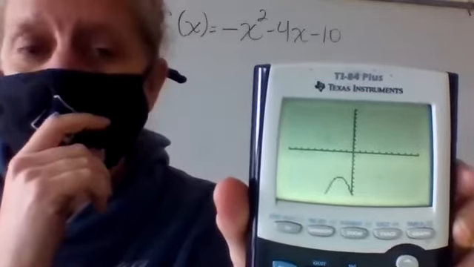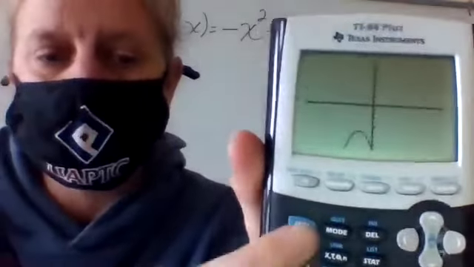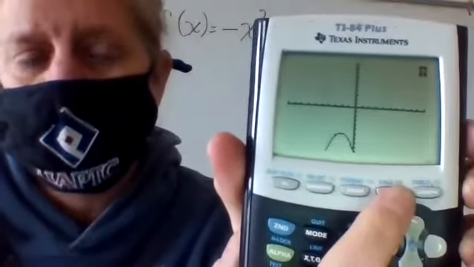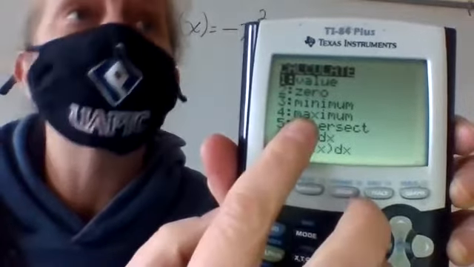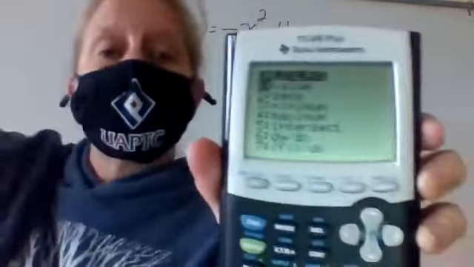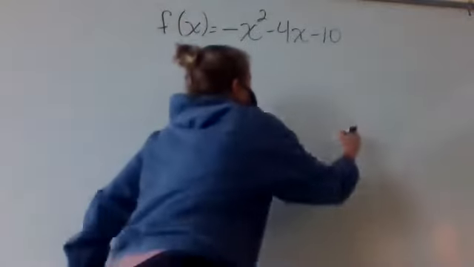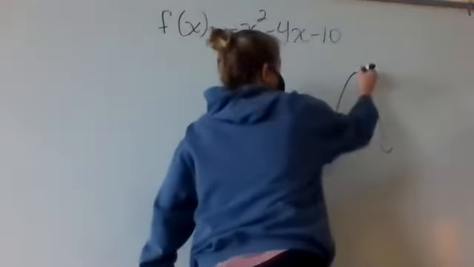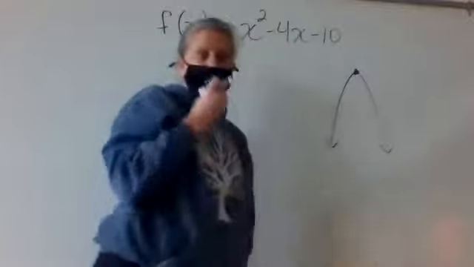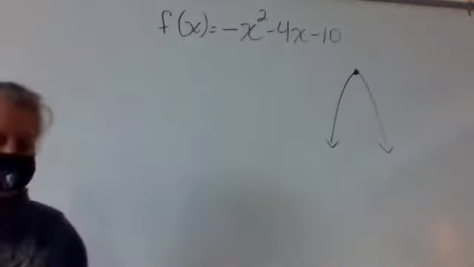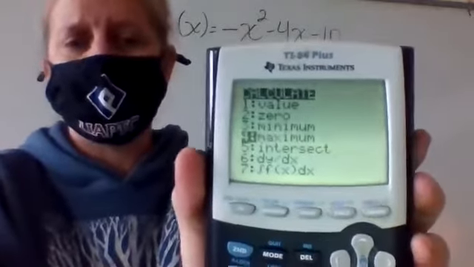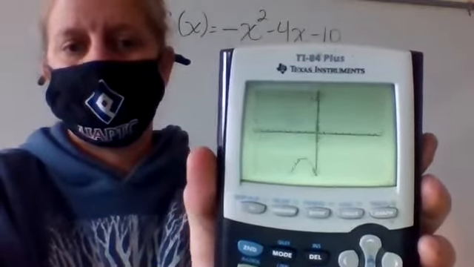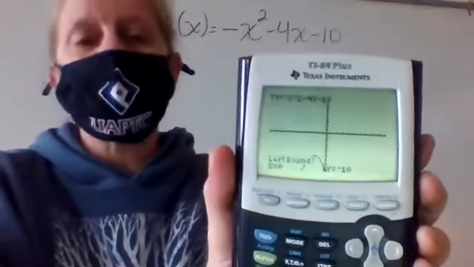So if I'm going to find the vertex, go to second calc. This one, I'm going down to number 4 though, right? Because since it's upside down like this, when I'm finding the vertex, I'm actually finding the maximum value of this one since it's flipped upside down. So you'll go down to 4 to find the maximum. Then it's going to ask you the same question.